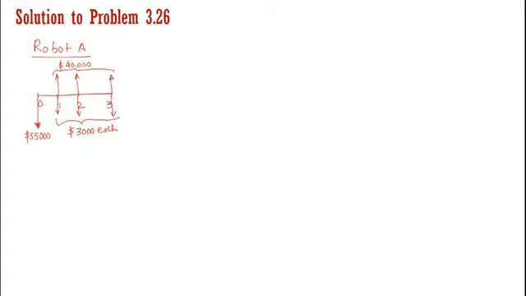The salvage value is basically the resale value of any gadget or equipment. Once the economic life is over, this machine may be sold, and the salvage value reflects the earning. So this is the salvage value over and above 40,000. It is given as $4,000. So this is the cash flow for robot A.